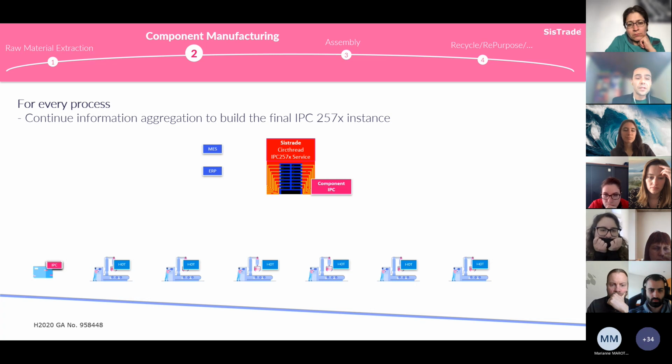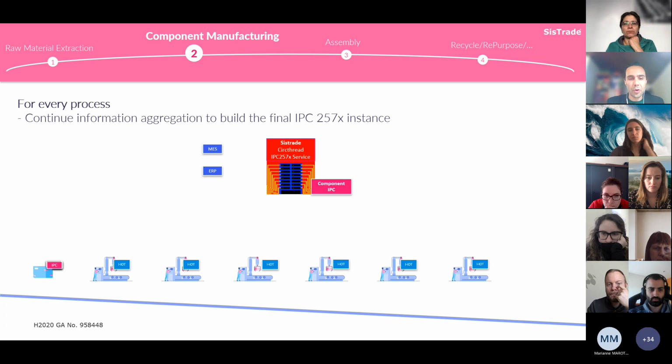So in each process, we have to get all that data from IoT, from MES, from ERP, so that at the end of the manufacturing of the individual component, we can ship all that aggregated information about the process, about the product, composition, materials, energy, waste with the product.